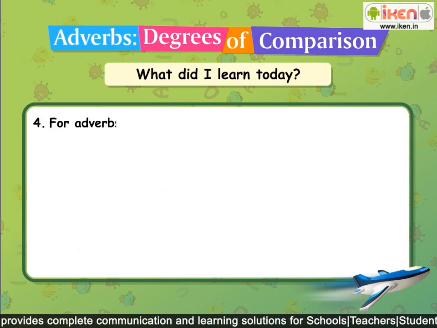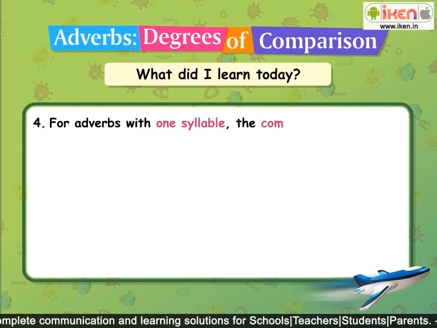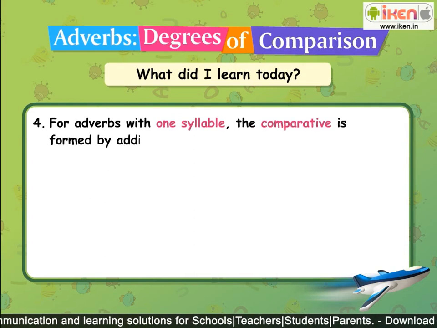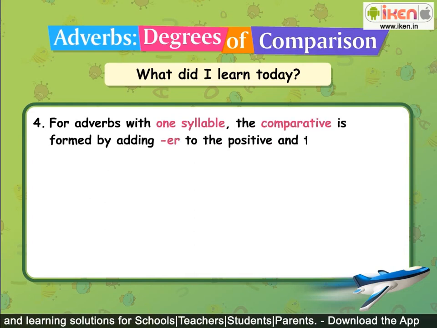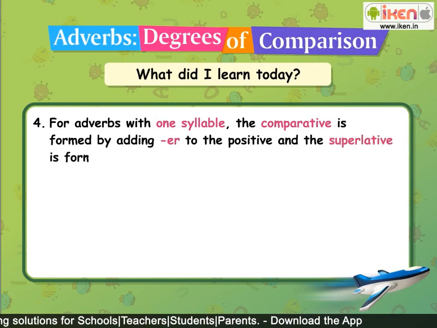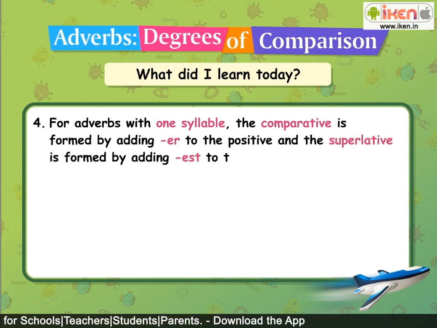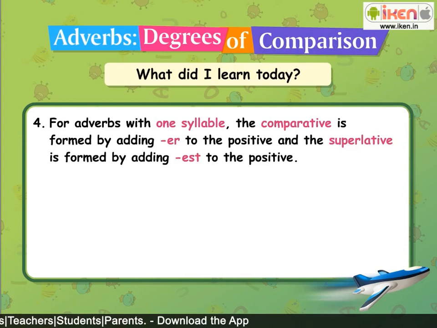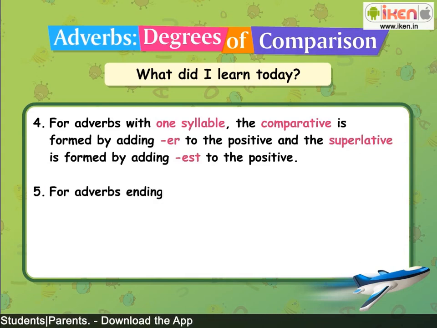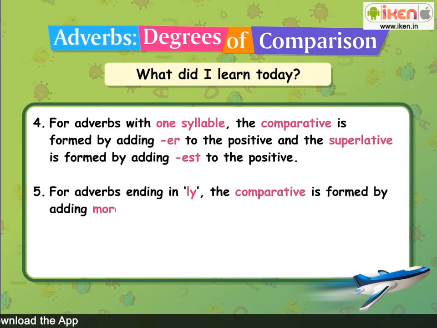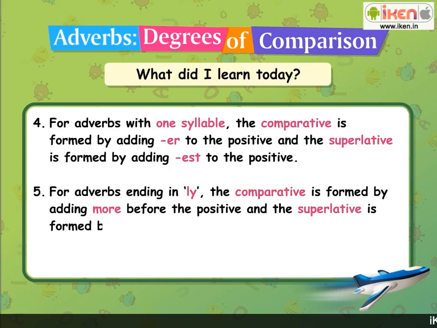For adverbs with one syllable, the comparative is formed by adding ER to the positive, and the superlative is formed by adding EST to the positive. For adverbs ending in ly, the comparative is formed by adding more before the positive, and the superlative is formed by adding most before the positive.